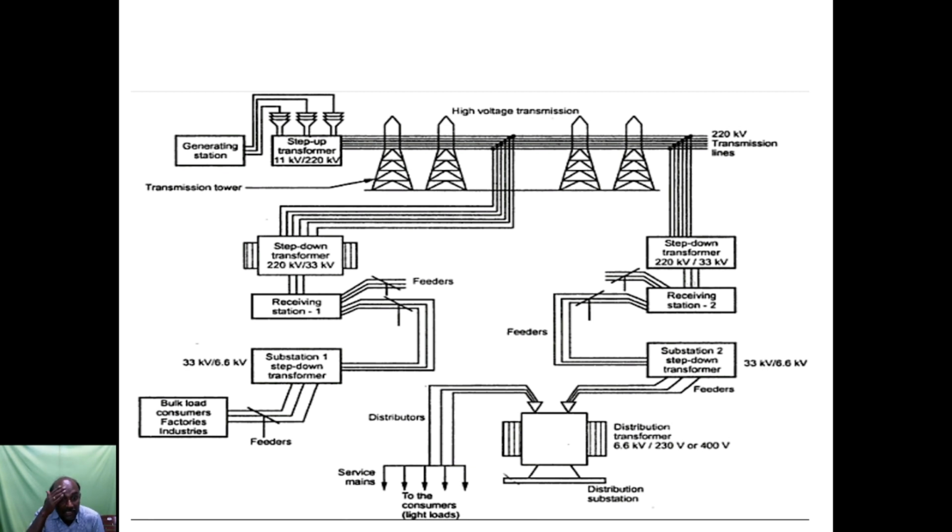Using step down transformers, the 220 kV is stepped down to 33 kV, using which we can supply very bulk load customers, factories and industries up to 6.6 kV. So directly we can get the power from primary transmission itself, using which we can feed the loads of bulk load consumers, factories and industries.